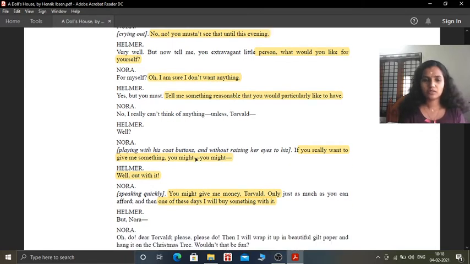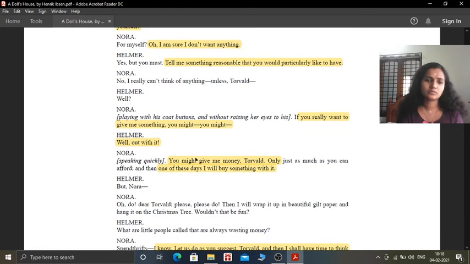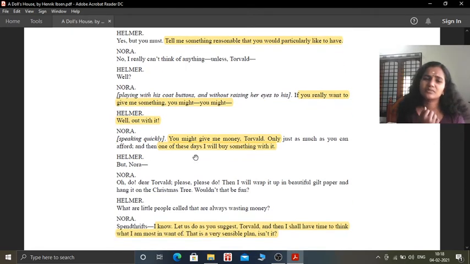Helmer became thoughtful. But Nora said, oh, do, dear Torvald, please, please, please do. Then I will wrap it up in beautiful gilt paper and hang it on the Christmas tree. Wouldn't that be fun? So usually there is a custom. All the gifts will be wrapped and hung on the Christmas tree, and after that they will be plucked from the tree and given to the others.